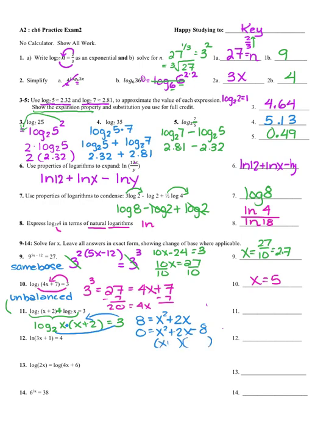So this will be x plus 4, x minus 2. So our potential answers are x equals negative 4 and x equals 2. And when I look back at my original problem, if I were to plug in a negative 4, it would make my argument negative. So I only have one answer of x equals 2.